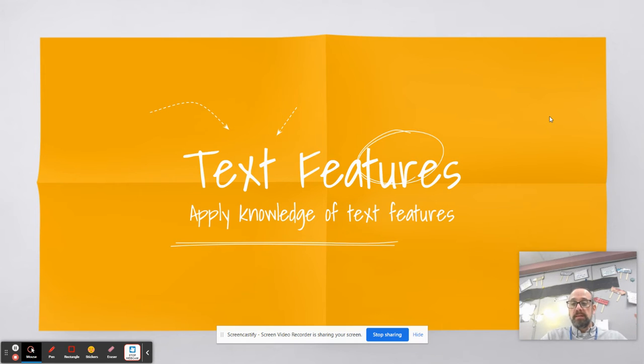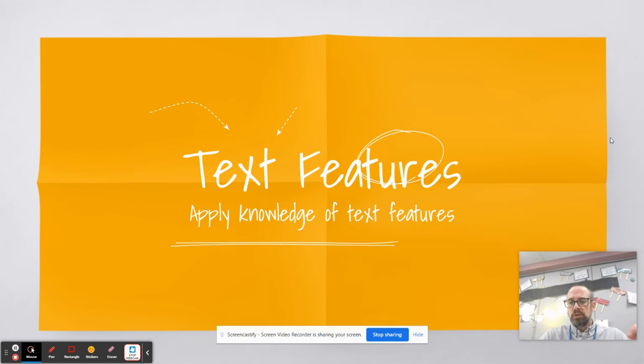So the quizzes that you just did really test whether you know different text features. While that's important, we're going to look at text features a little bit more in depth and try to figure out what the author is trying to get us to know, how they enhance the text, and what problems we can solve using those text features.